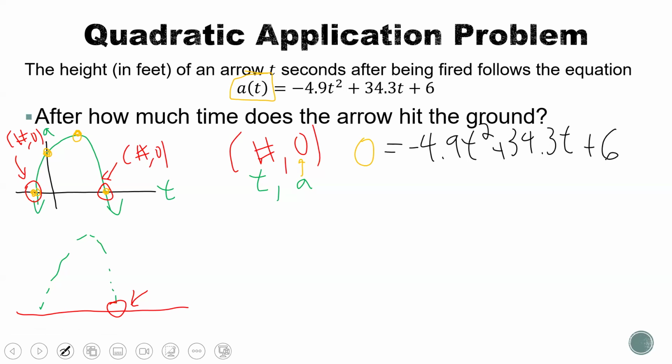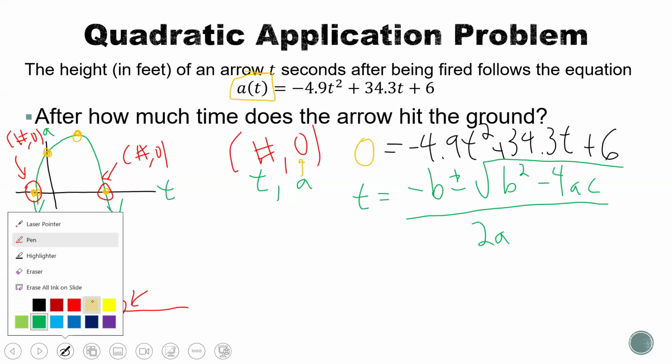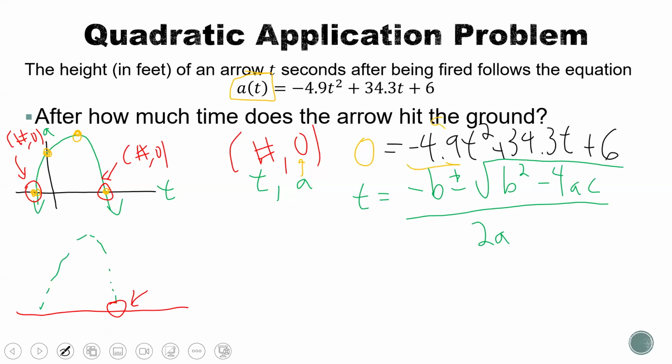And then to solve a quadratic when it's equal to 0 like this, you may recall that we can use a number of different techniques, but the one that will probably make the most sense here is the quadratic formula. So negative b plus or minus the square root of b squared minus 4ac, all over 2a. And as I mentioned earlier, part of the problem, the values a, b, and c come from the equation. So negative 4.9 is a, 34.3 is b, and 6 is c.